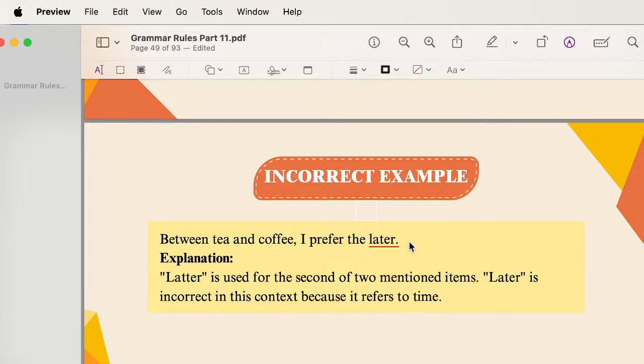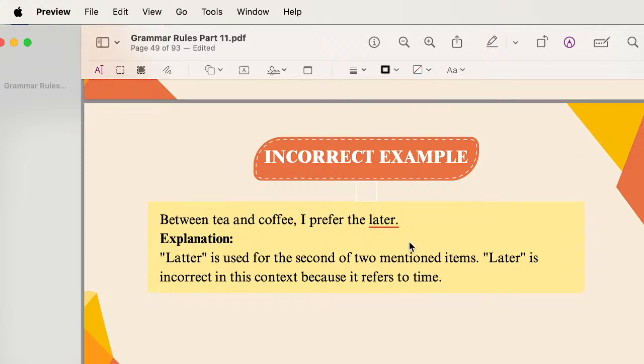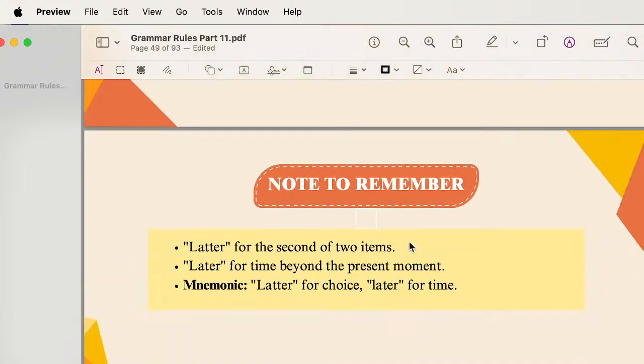Later is not the apt word. Why? Because latter is what you're supposed to use. You're talking about choices. You have to pick the second one. So for the second one, you always use the word latter, not later. Okay, so latter for the second of the two items and later for time beyond the present moment.